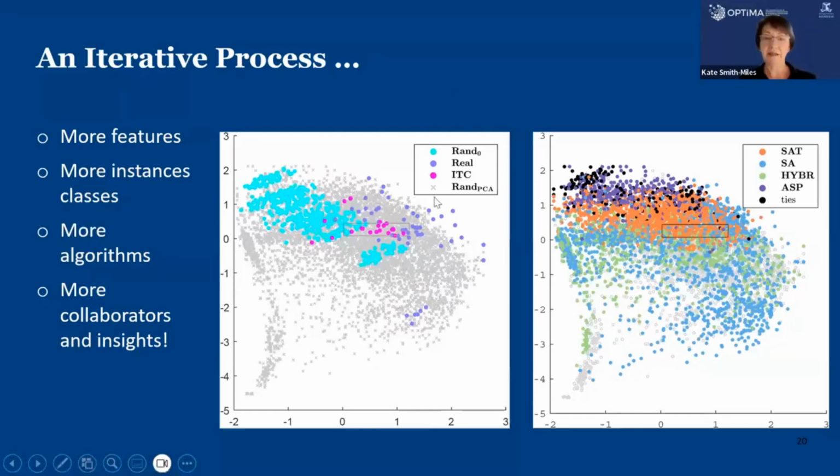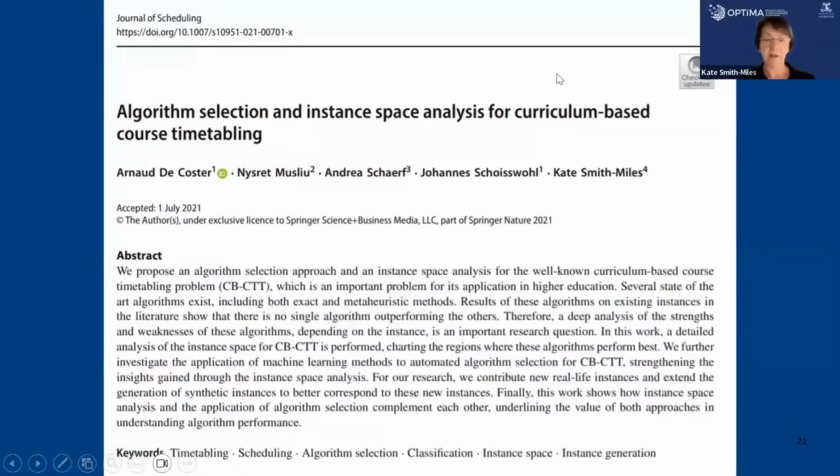And this is an expanded instance space where you can see the coloured instances are the 8,199 we had before, but the grey instances in the background are brand new instances that we generated to get more insights. And we also have different solvers as well as heuristics. So that was published in the Journal of Scheduling.